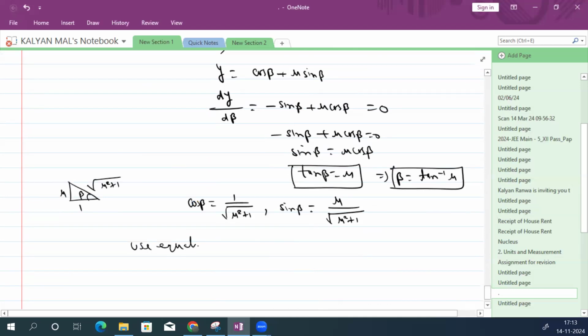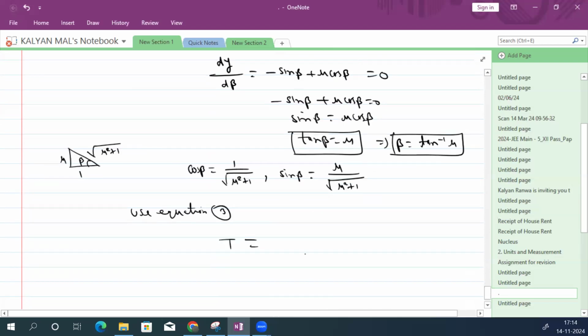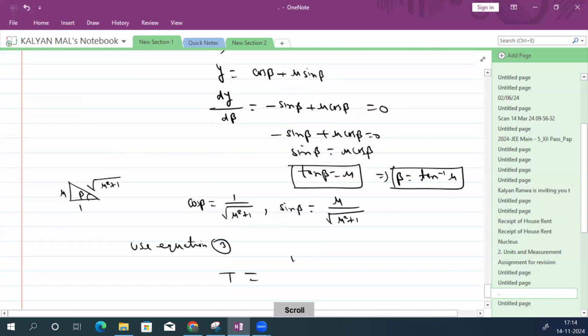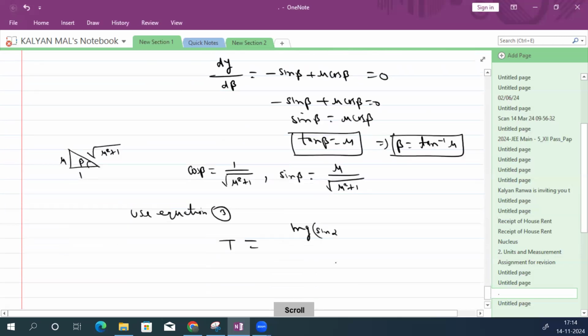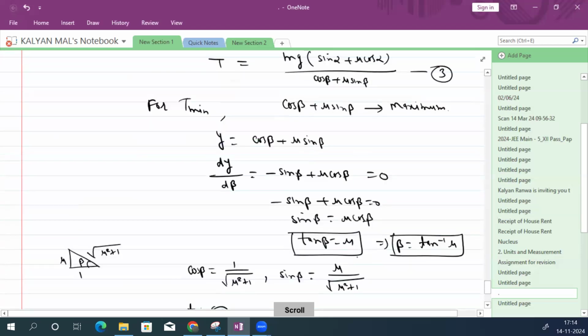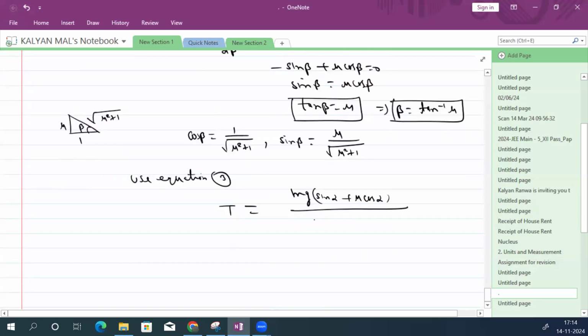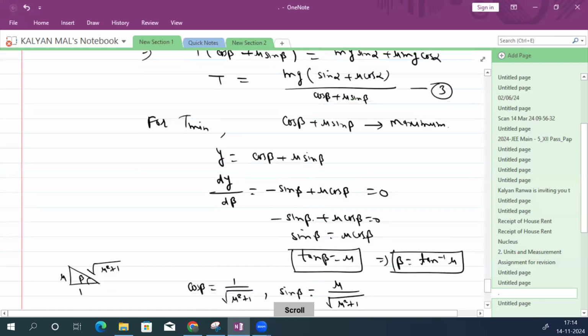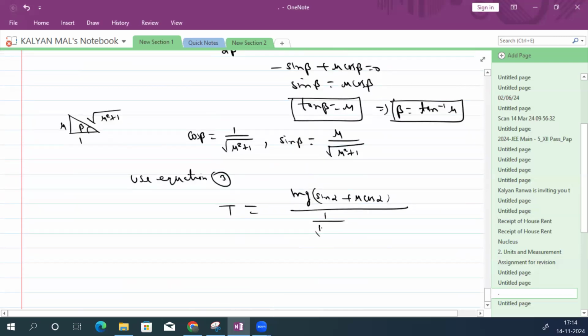Use equation 3. So T becomes mg (sin alpha plus mu cos alpha) divided by cos beta plus mu sin beta. Cos beta comes out to be 1 upon root over mu square plus 1, plus here mu times mu becomes mu square, because mu is already present in equation number 3.